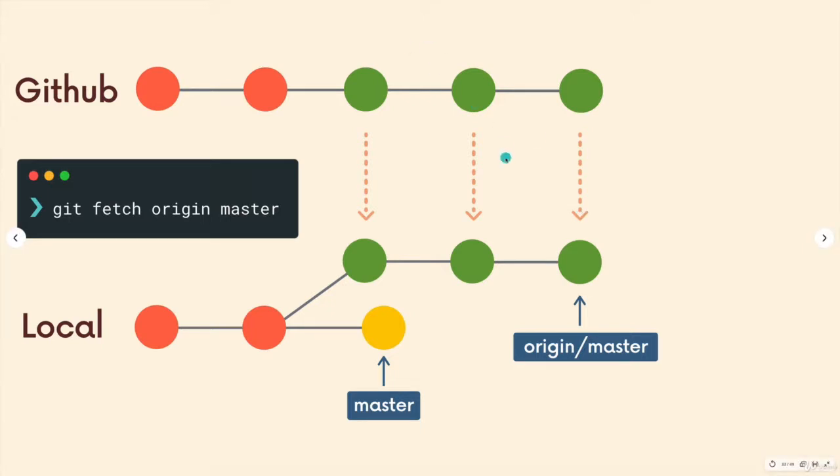And what will happen is that origin master, remember these remote branch references, that will update. So I have access, I can look at origin/master to see where is it, what's going on, what do the files look like, I can check it out, but my master branch has not changed in any way.